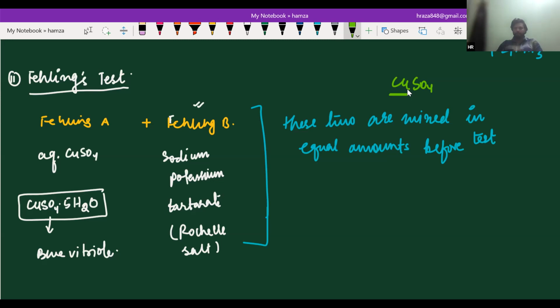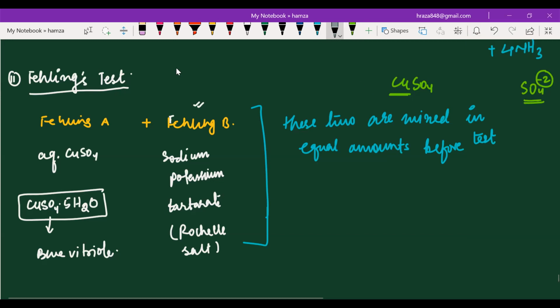Yes or no, Nafisa? No, sir. Okay. Can you tell me what is the charge on sulfate? What is the charge? -2, yes or no? Do you know about this sulfate ion? Yes, sir. Sulfate is SO4 2-.